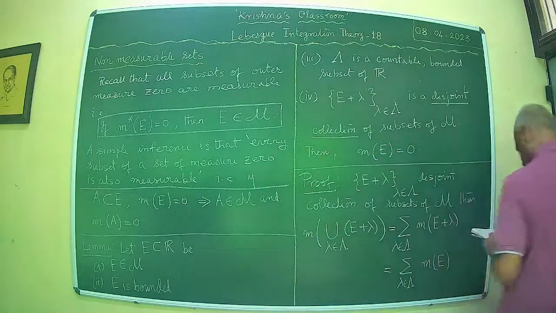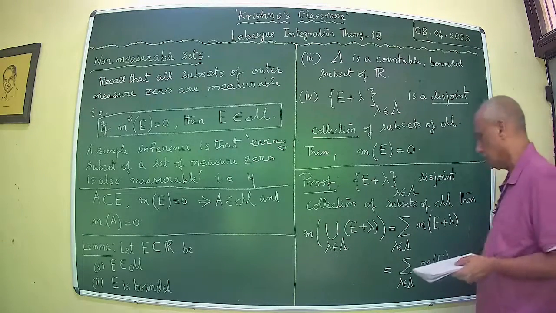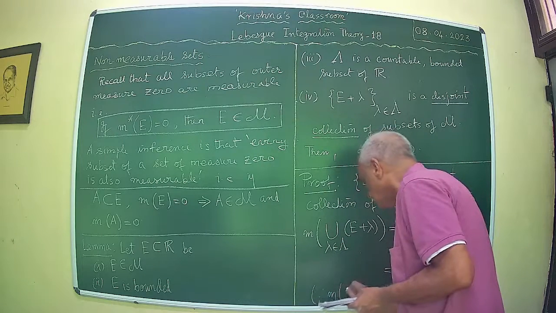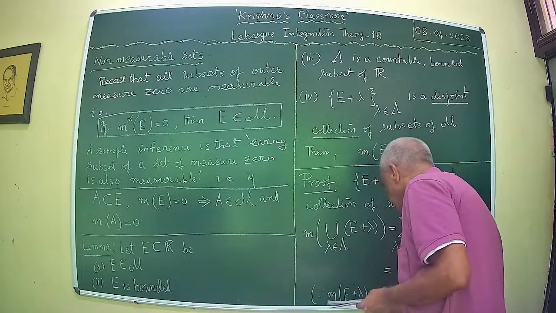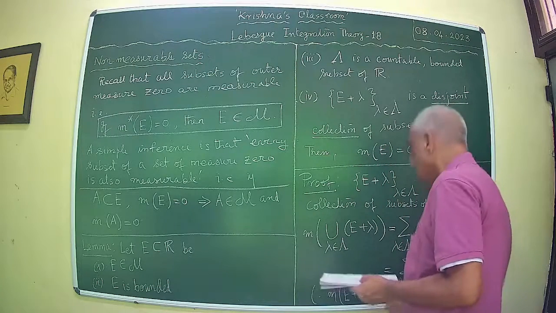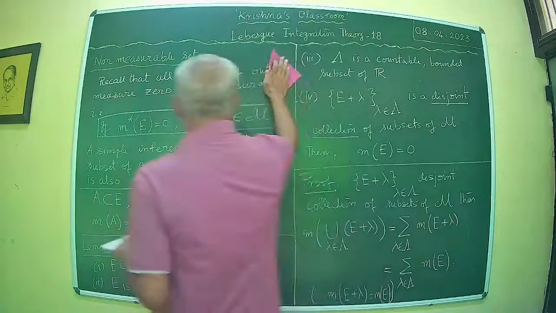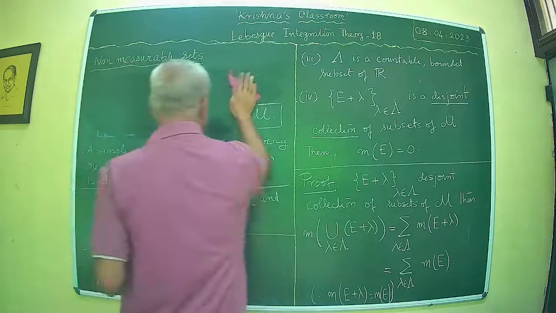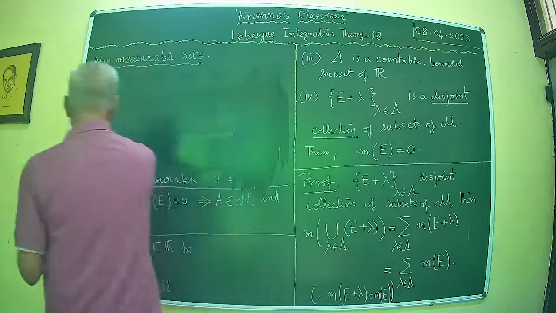Okay, right? Now what we conclude from this is that the measure of E is necessarily 0.